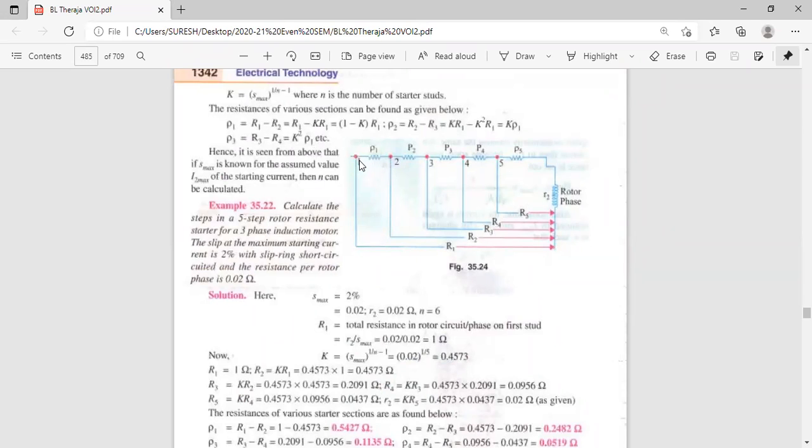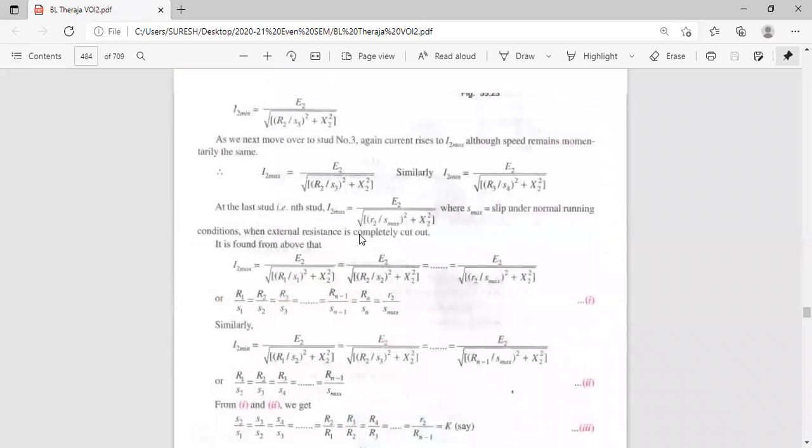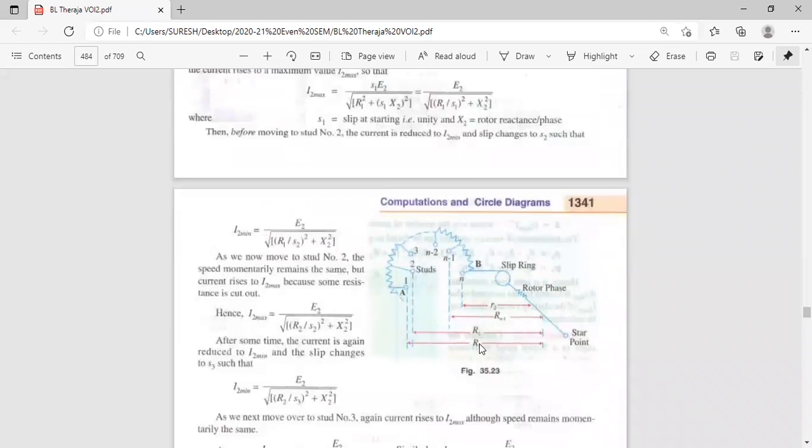Let us take R1. What is R1 here? R1 is the resistance from point A up to here.